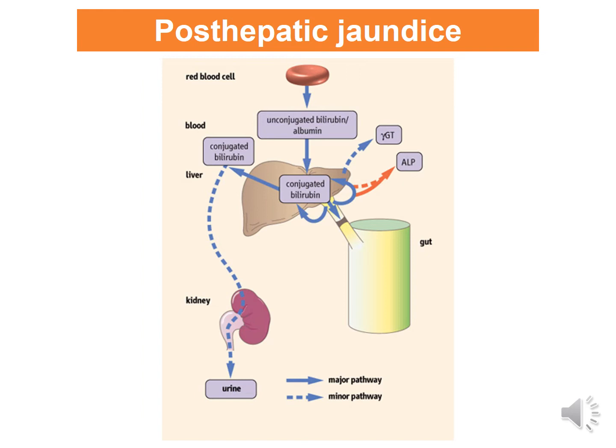The conjugated bilirubin regurgitates into the blood, causing conjugated hyperbilirubinemia, and conjugated bilirubin is eventually excreted in urine, which darkens over time, and it is referred to as urinary bilirubin. Urinary urobilinogen is absent.